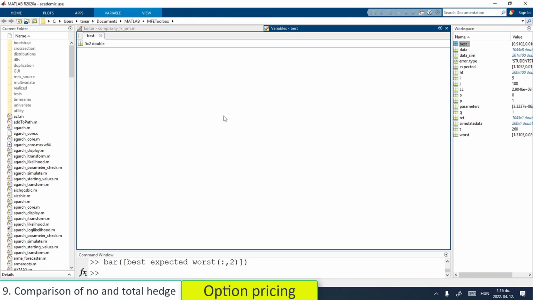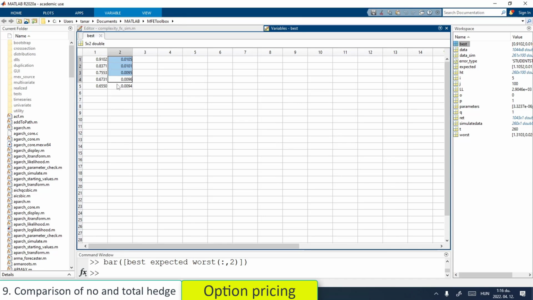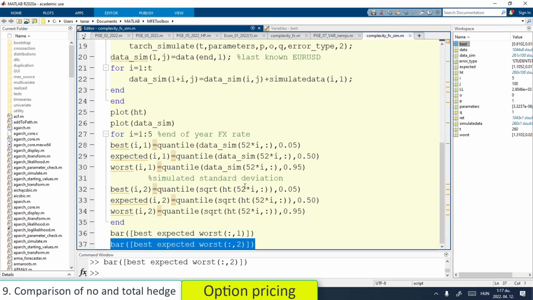Is this looking like this? But why are there 5 of them? It's supposed to be only... Yeah, because we have 5 years. Okay. Yes.